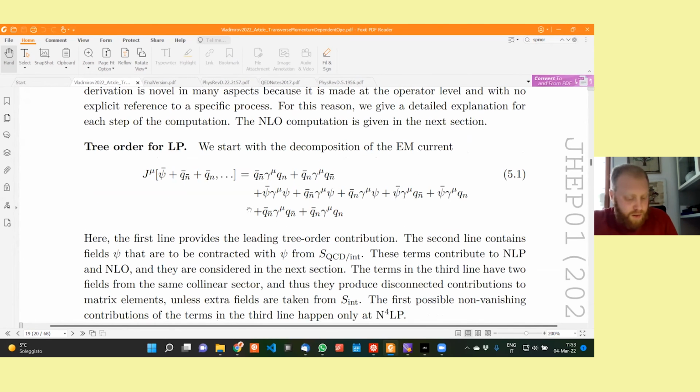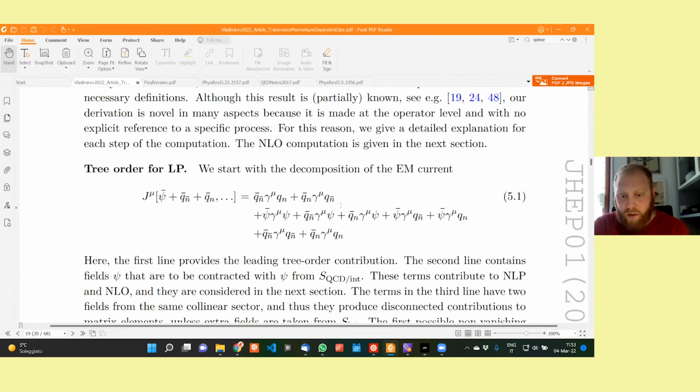Okay, so what you can do now is what is traditionally done. You can actually write what the current is. The current is just, it was the electromagnetic current, so it was Q bar gamma mu Q, and you expand it using the separation of your fields into n collinear, n bar collinear and dynamical. So you see that this is organized in 3 rows because there is meaning in it, but for example, when you take gamma mu Qn as a structure, you have Q bar n bar, then where is the other?